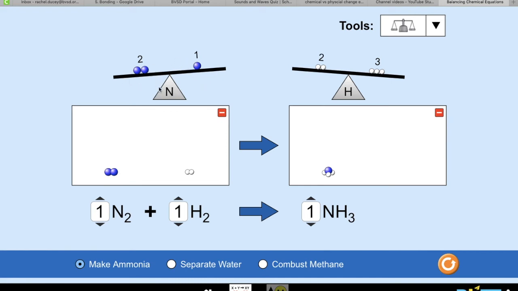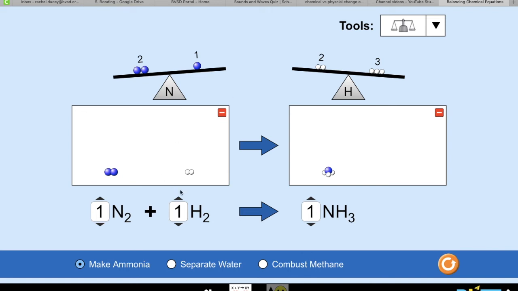For nitrogen, you have 2, but you only use 1 on this side. So you have 2 nitrogens here, but here you only use 1. But now here it's saying, okay, but on the product side, you have 3 hydrogen, but we only put in 2 initially.